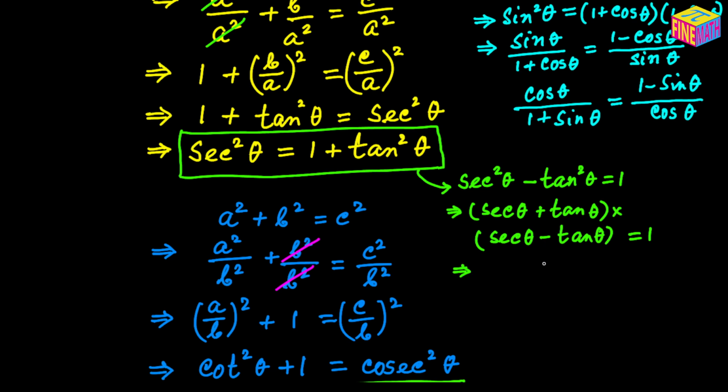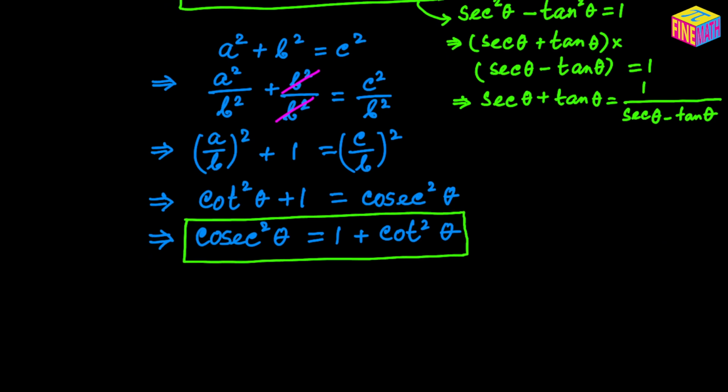So each of these factors are reciprocals of each other, because their product is equal to 1. So we can say sec theta plus tan theta will be equal to 1 divided by sec theta minus tan theta. You can also say that sec theta minus tan theta will be equal to 1 divided by sec theta plus tan theta.